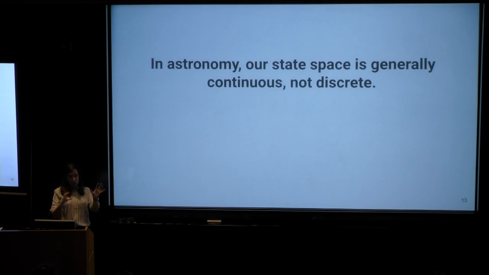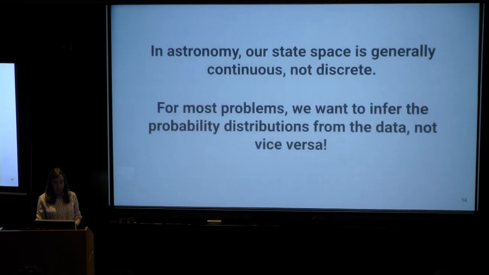It's just that instead of being those two numbers of state A to state A or state A to state B, and the same for state B, we would end up with continuous distributions of given A, what is the probability of going to B, and given B, what is the probability of going to A. The other difference here is that we don't actually have those distributions most of the time.